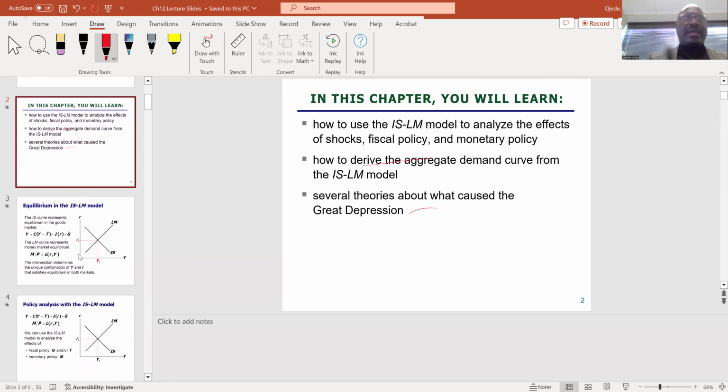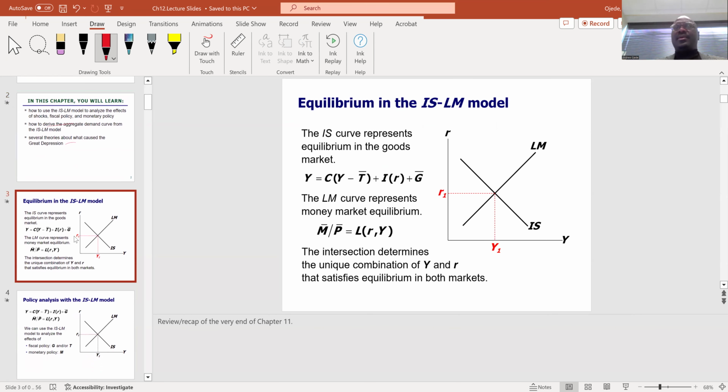So here's what we talked about. Simultaneous equilibrium in the money market and the goods market results in a short-run equilibrium interest rate and short-run equilibrium output, which is depicted in red.